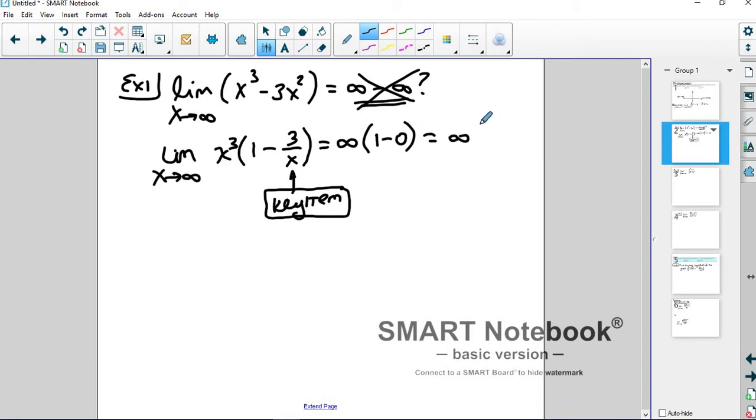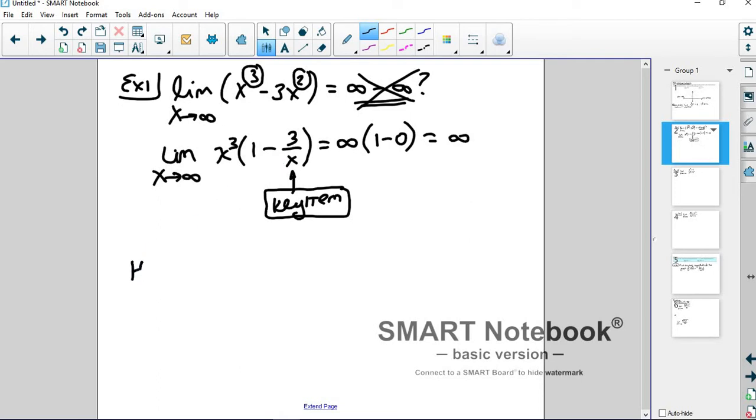Okay, now you don't have to do it this way every time, but basically the idea is that x cubed is x times as much as x squared. So if x is 1,000,000, x squared is 1,000,000 times 1,000,000. That's big. But x cubed is 1,000,000 times more than that. And so that's a lot bigger. So the cube takes over versus the squared, and that's emphasized here by factoring out the highest power.